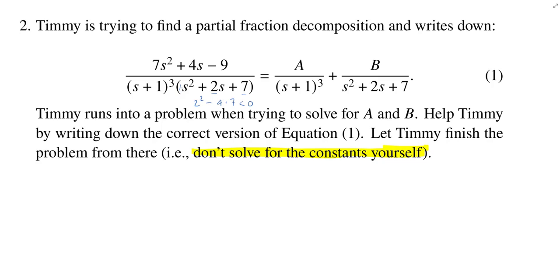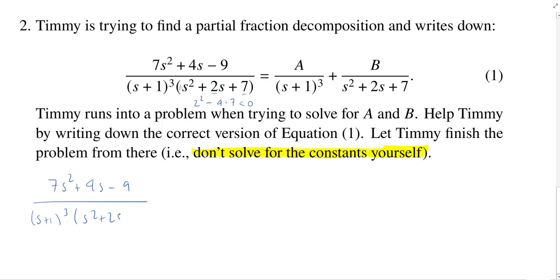Okay, so what should be the correct decomposition? Let's copy the problem down. So we have s plus 1 cubed, and then we have s squared plus 2s plus 7 in that denominator. Our numerator, of course, was 7s squared plus 4s minus 9. Now, there are 2 pieces on the bottom. That's true.